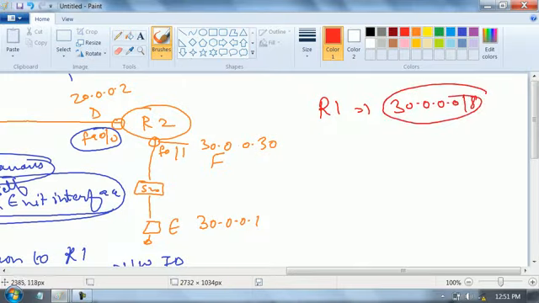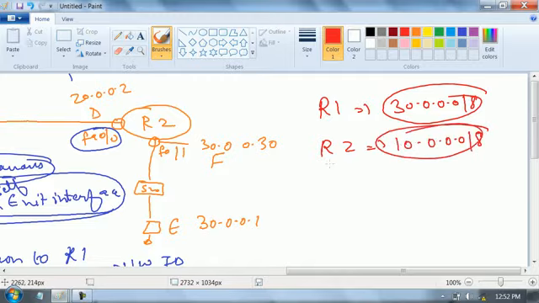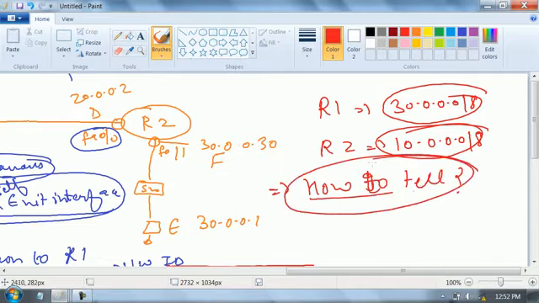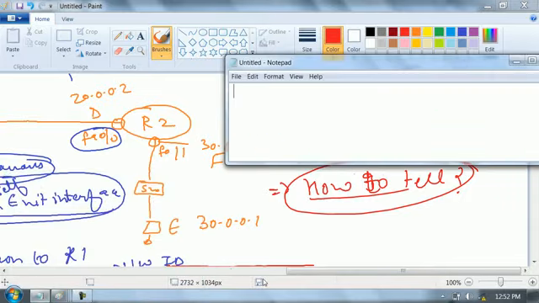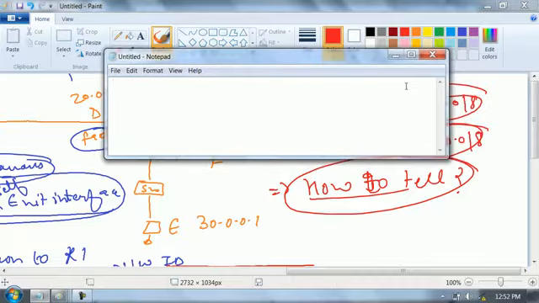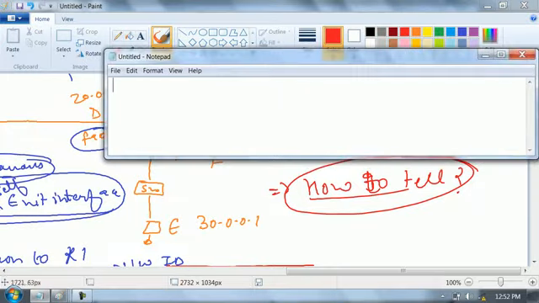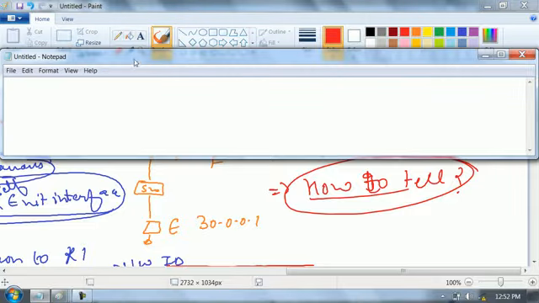For R2, the indirectly connected network is? Any issue? Next step is how to tell. Agree? Now, fine.